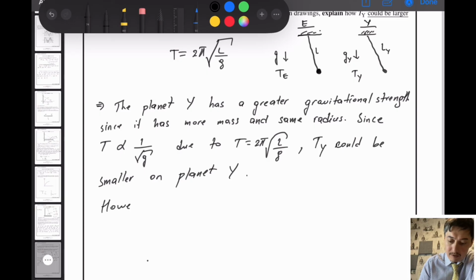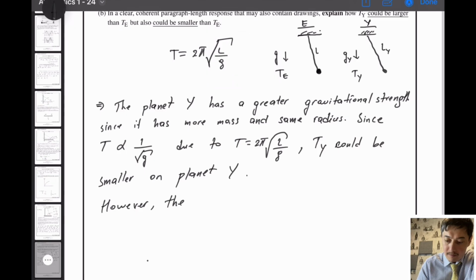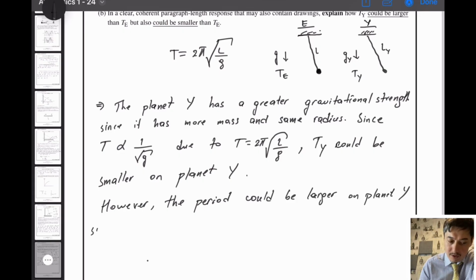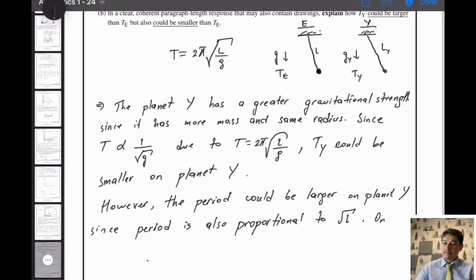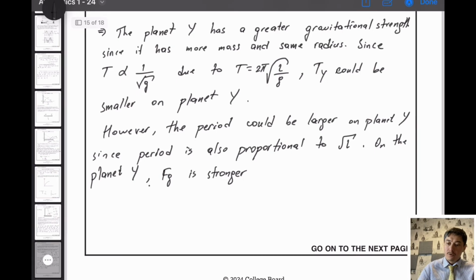So, second scenario, however, the period could be larger on planet Y too, because period is also proportional to the square root of L. On planet Y, gravitational force Fg is stronger due to greater g.